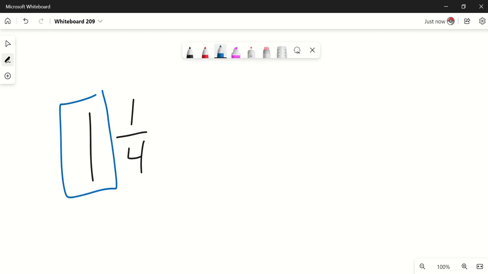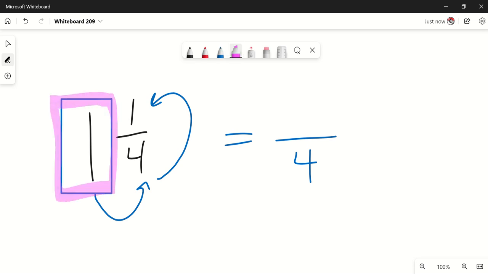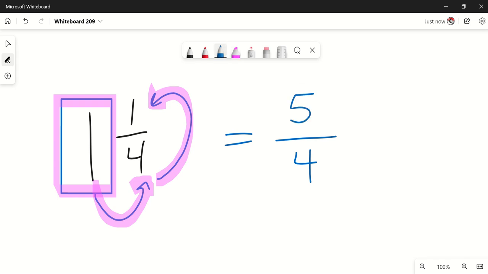Whole number times the denominator, whatever that equals, add it to the numerator, and your new number will be over your original denominator. So, whole number, again, I'm going to highlight whole number, multiply that by your denominator. So 1 times 4 in this case would be 4. Add it to your numerator, 4 plus 1 would be 5, and put that number over the original denominator, in this case it would be 4, so I have 5 over 4.